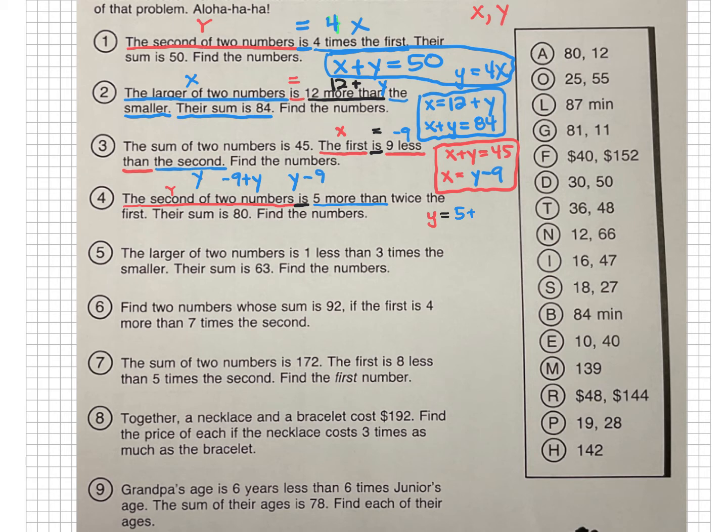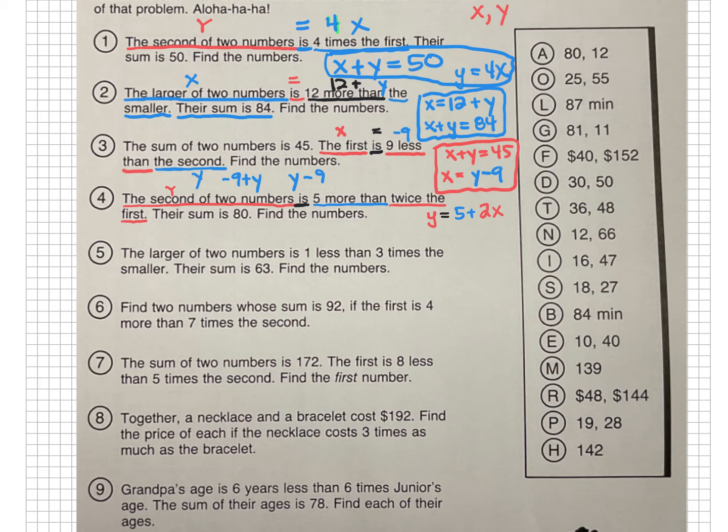And then we finally have twice the first number. The first number is usually always x, so twice the first number is 2x. So y equals 5 plus twice the first, 2x.